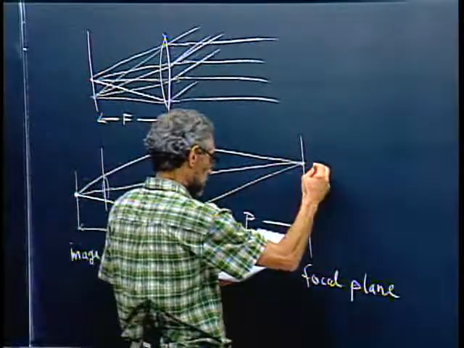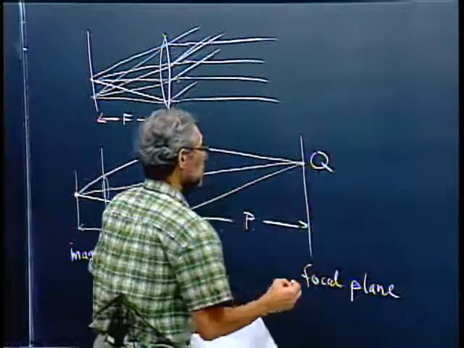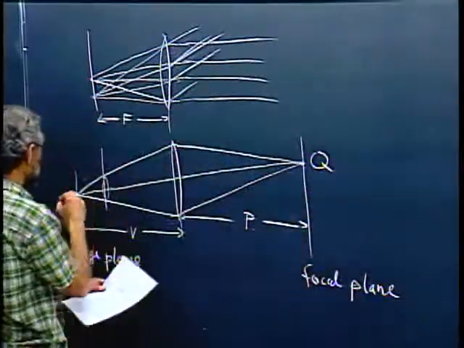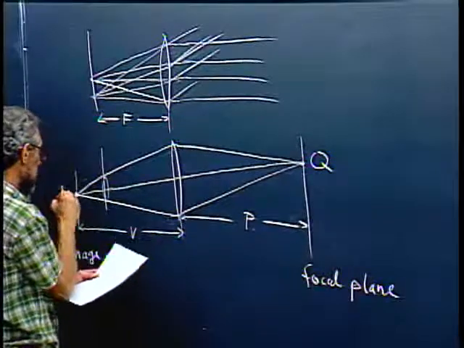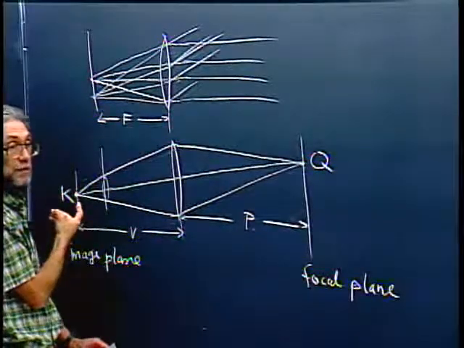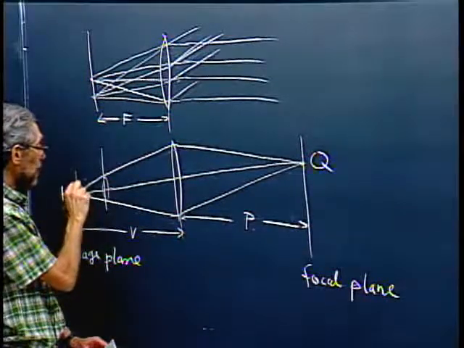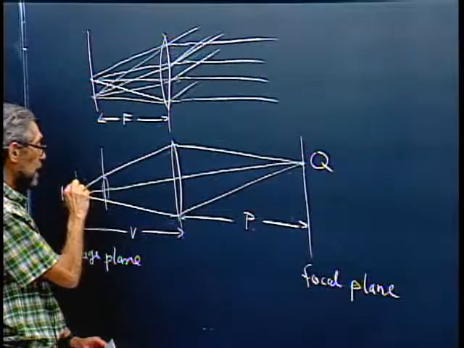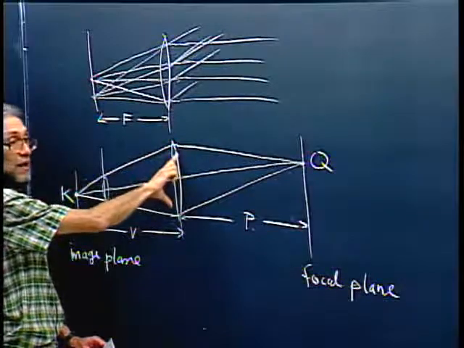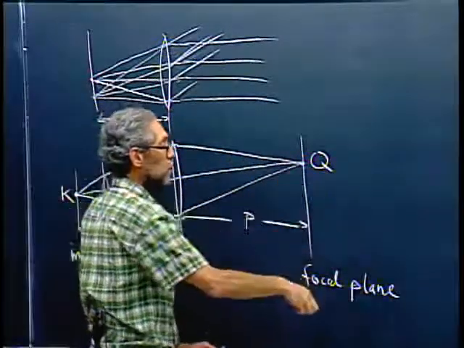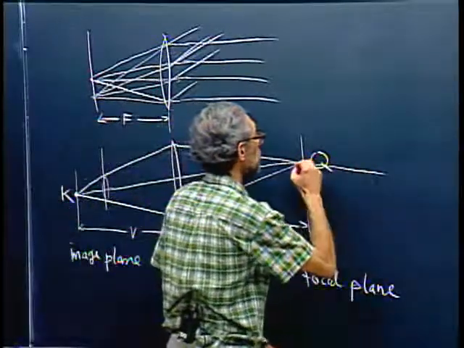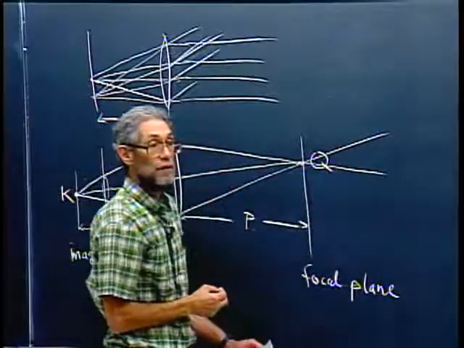So let me take this point Q on the focal plane, that this point, why don't I call it K in the image, corresponds to. So we have a cone of rays coming out from K to the lens, and then that cone comes back together again at the point Q, and then continues opening up again past Q.